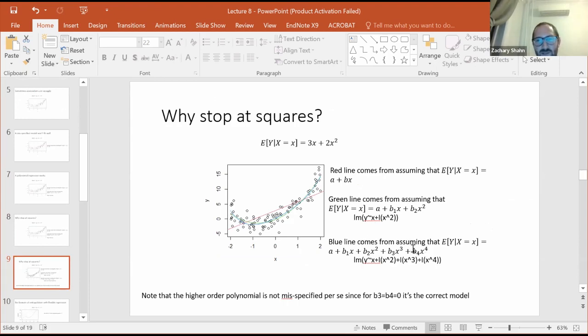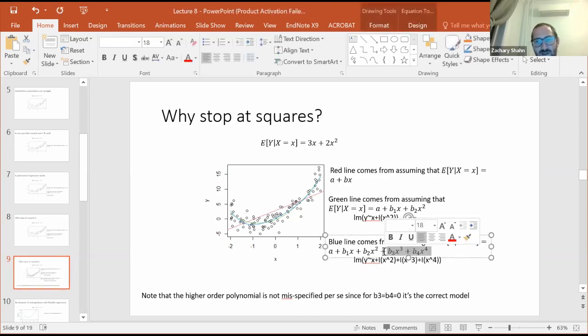Like you could specify this regression a plus b1x plus b2x squared plus b3x cubed plus b4x to the 4th. And you just have I of x squared, I of x cubed, I of x to the 4th. And that's going to be even more flexible as a special case where b3 equals b4 equals 0 here. So these guys go away.